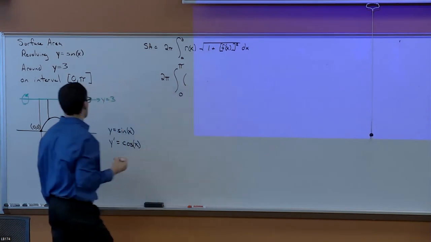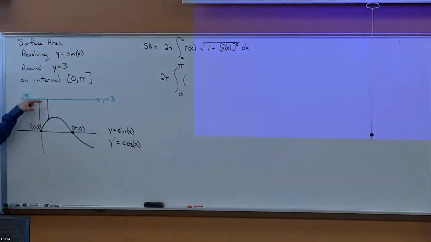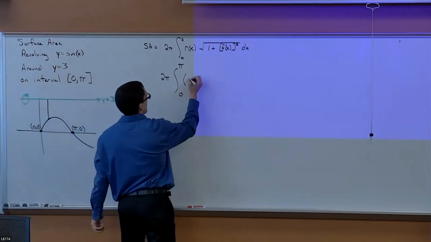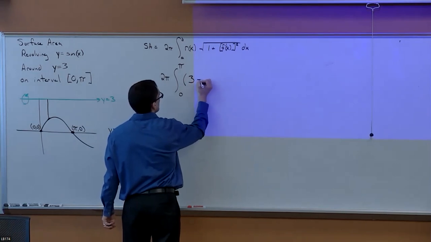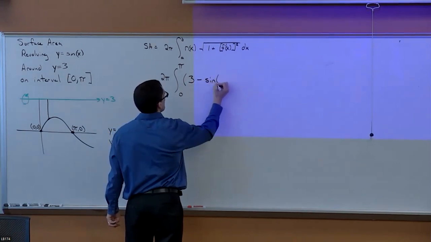My radius, well, it's going to go from the curve to 3. Notice that 3 is the bigger piece. And because this is a horizontal line, when I say it goes from 3 to the curve, that's going to be represented by sine of x. So it's going to go from 3 down to sine of x.